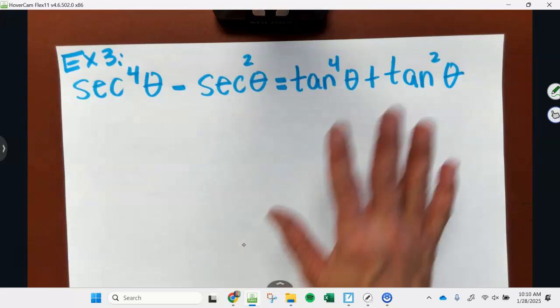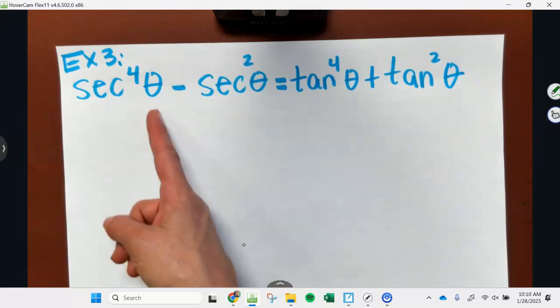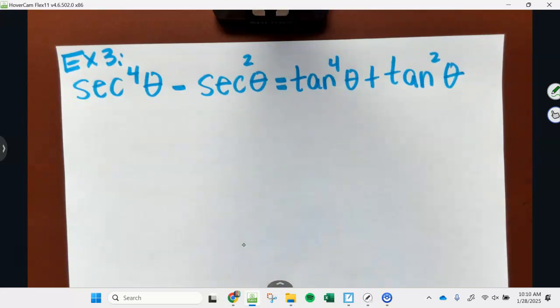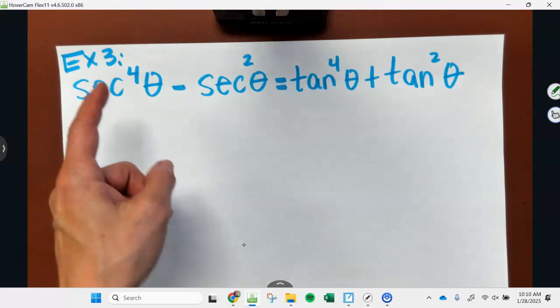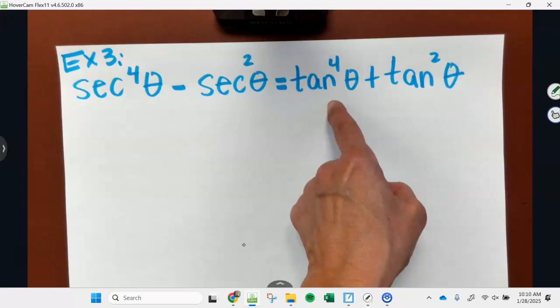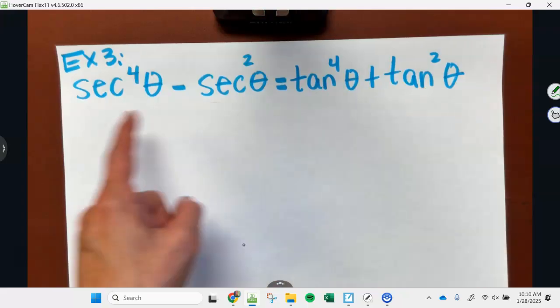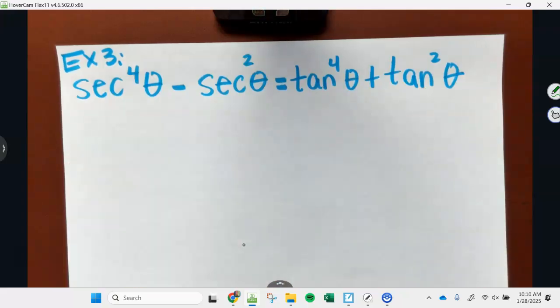That's two terms, that's two terms, that has exponents, so does that. So you're just going to have to choose which side you want to work on, and we can decide together as a class. Do y'all want to make secants look like tangents, or make tangents look like secants? Do y'all want to work on the left side or the right side?